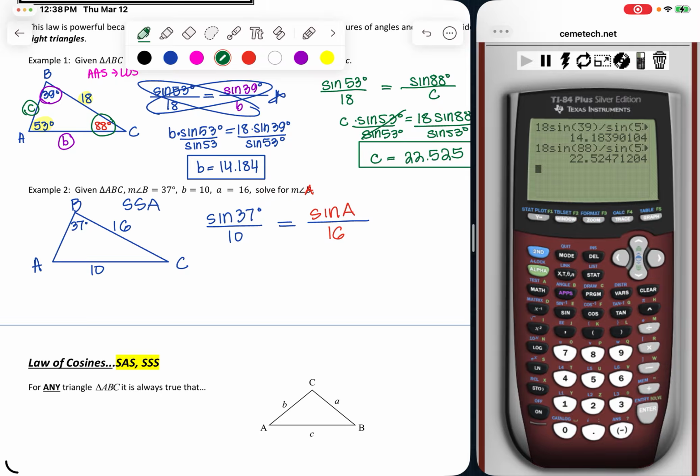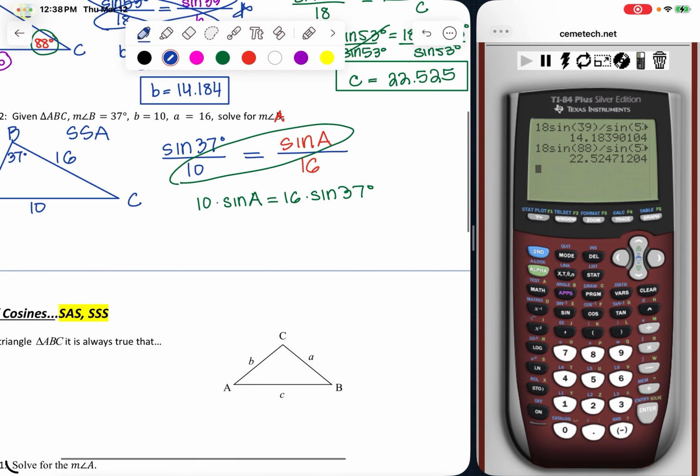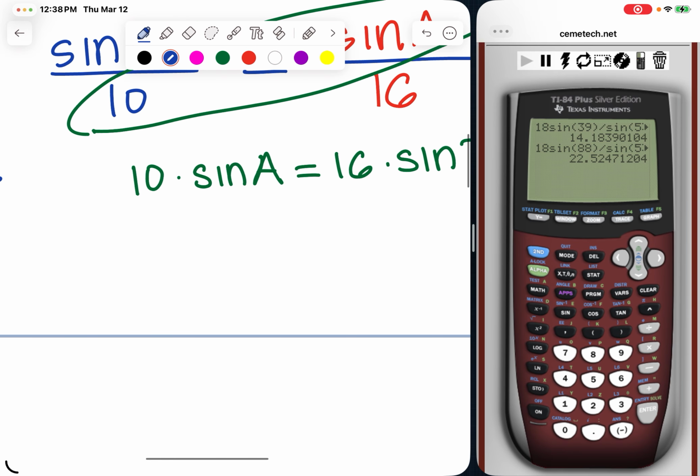All right, let's cross multiply and see what we get. Okay, so we have 10 times the sine of angle A is equal to 16 times the sine of 37 degrees. We need to get angle A by itself. So right now it's trapped in the sine of A, but this 10's hanging out in front as a multiplier, so I'm gonna divide by 10 first.